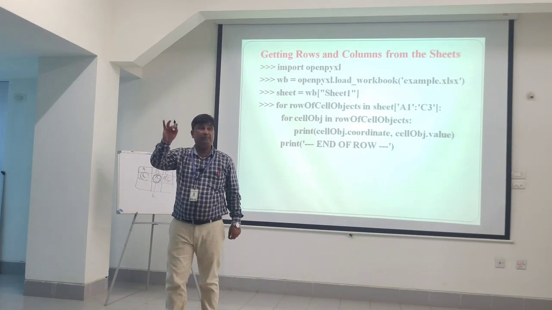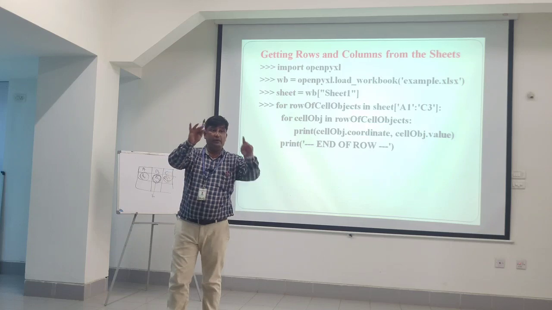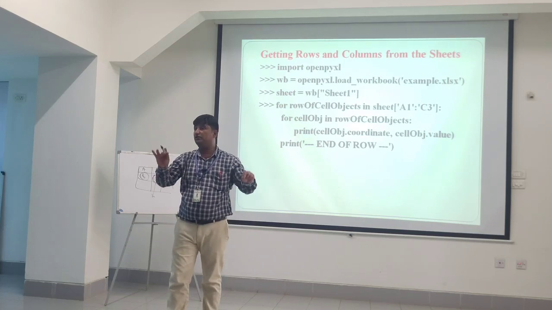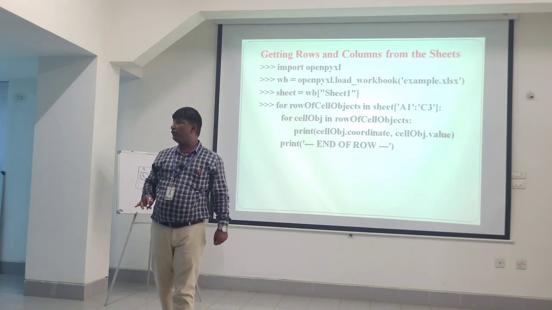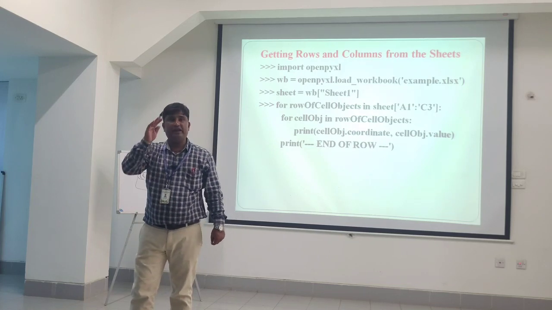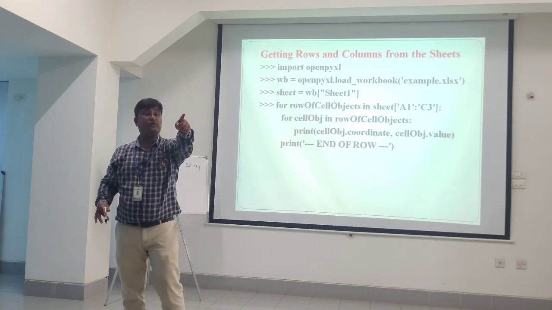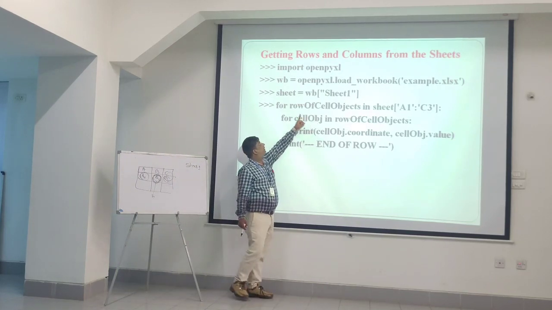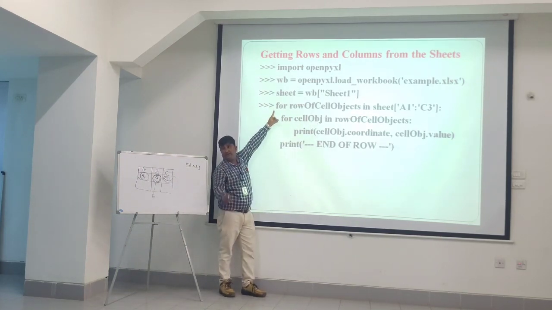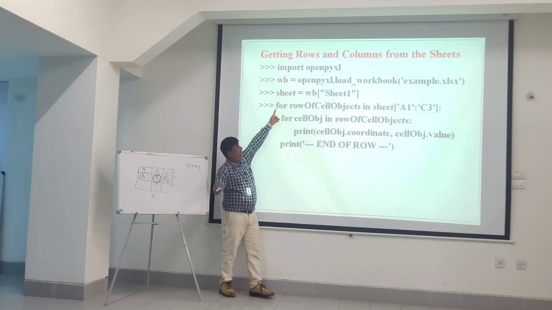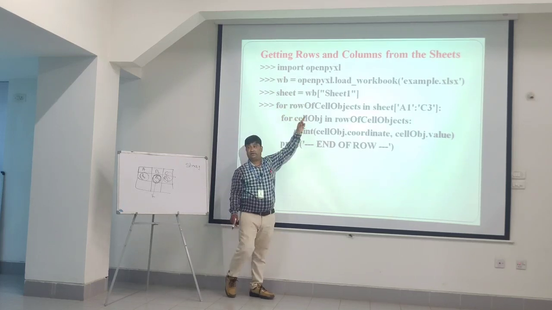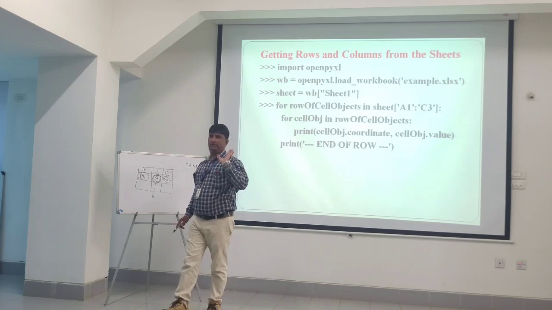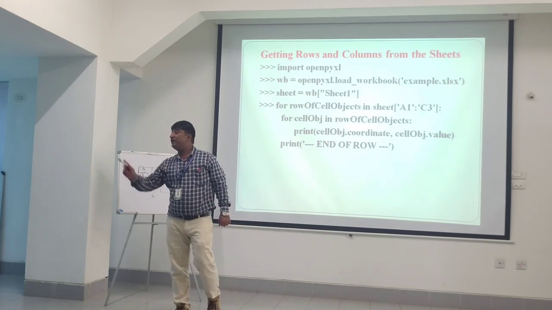Because in your example dot xlsx, I used 3 columns and 7 rows of information, stored in sheet 1. Sheet is a variable which holds sheet 1 information.